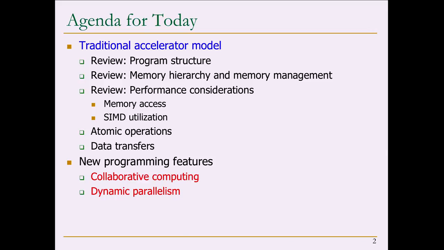We will see what the implications of using atomic operations on GPU programs are, and we will also see some possible ways to optimize their use. We will also see what to do with the data transfers, because remember, and we will review it right now, every time you want to use a GPU, the first thing you have to do is move the data to the GPU.